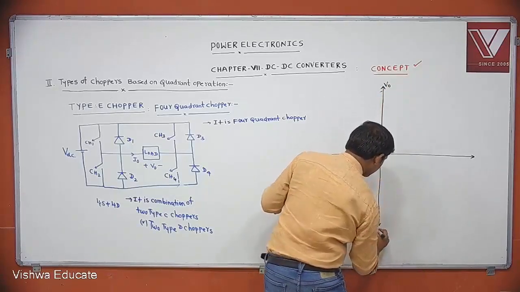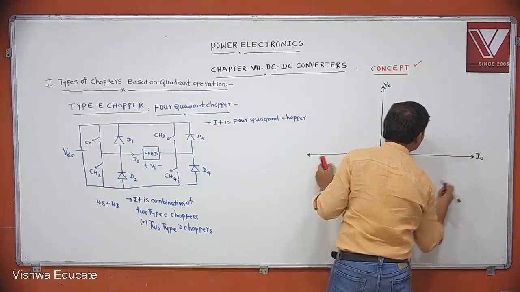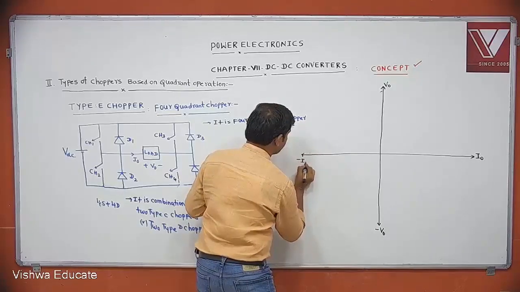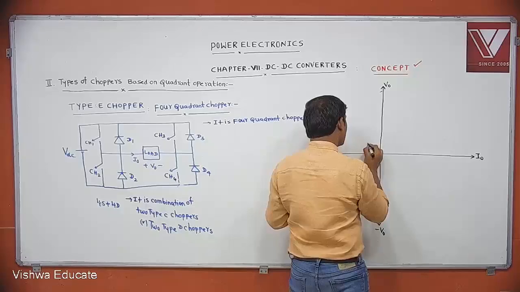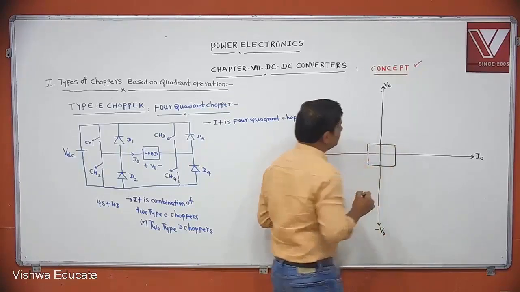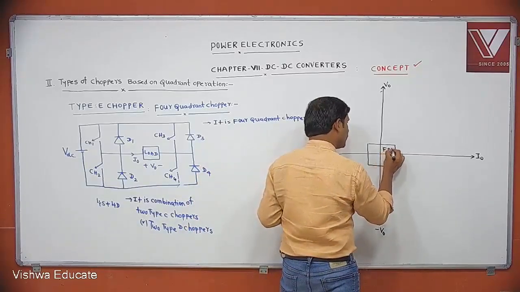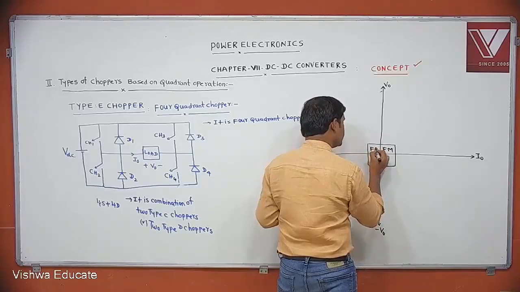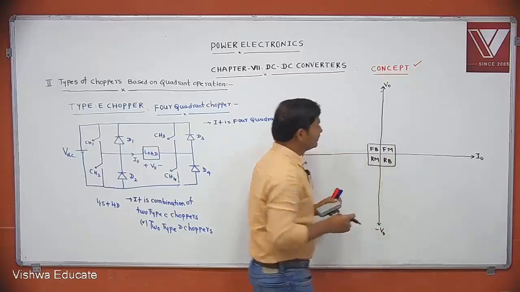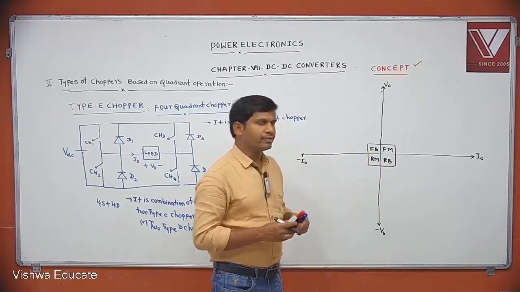V0, minus V0, I0, minus I0. Forward motoring, forward braking, reverse motoring, reverse braking.